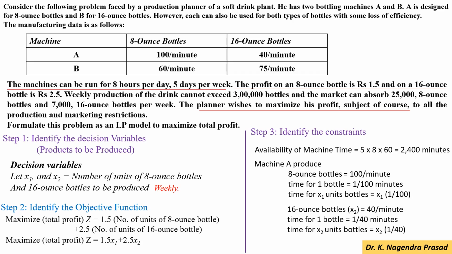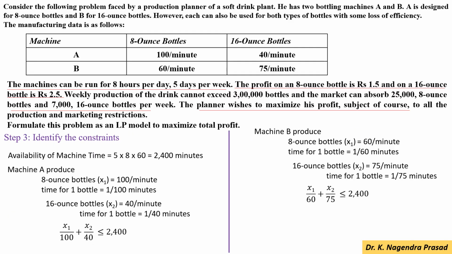Similarly, the time for x2 bottles on machine A is x2 by 40 minutes. Here the availability time for machine A is 2400. Then from the machining time point of view, the constraint is x1 by 100 plus x2 by 40 less than or equal to 2400.